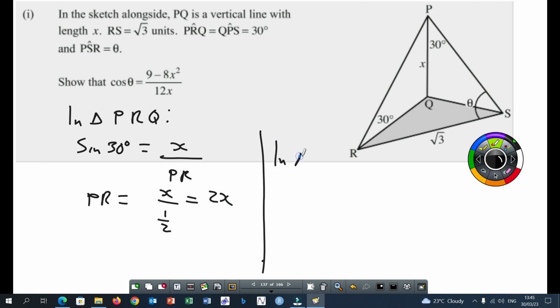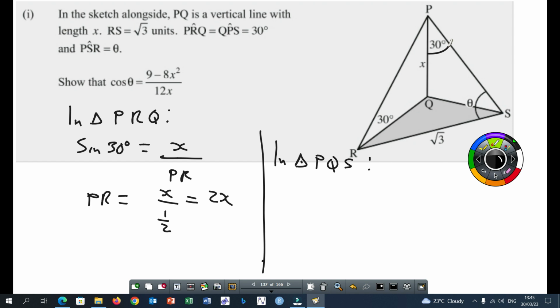Then in triangle PQS, I need to get PS. So my reference angle is going to be that 30 degrees there. So I've got that 30, so it means this is the adjacent side.